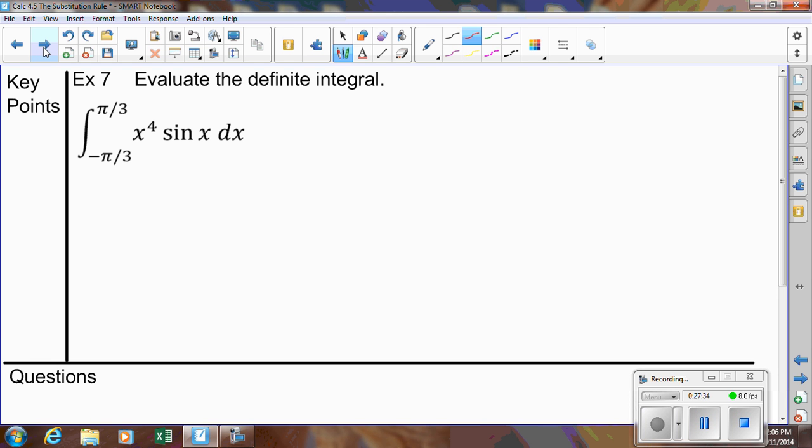We won't be able to factor out x to the fourth because x to the fourth is a variable, it's a function. We can only factor out constants. At the same time, we also won't be able to go through and say, let's split this up. Another intuition students sometimes try is to split this up and multiply the two.